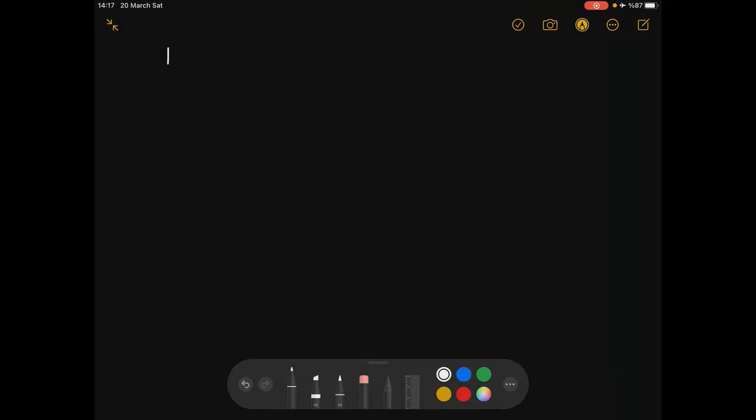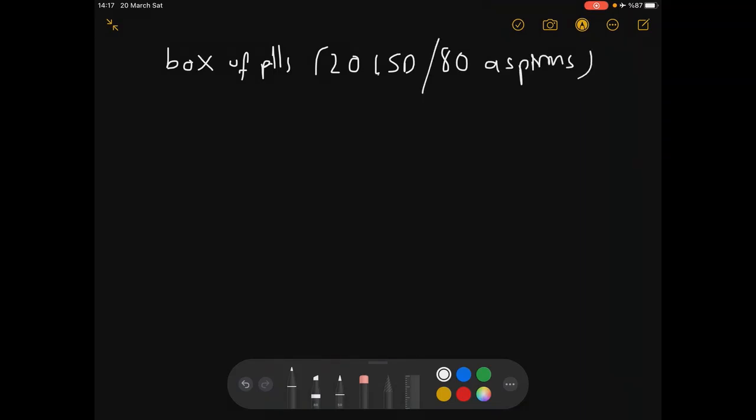Suppose that you have a box of pills, which you know has 20 LSD pills in it and 80 aspirins within that box. Okay, 20 LSD and 80 aspirins within that box.